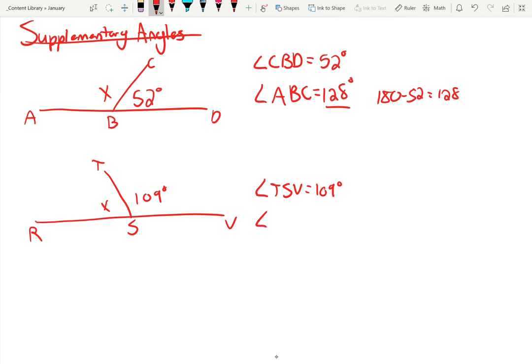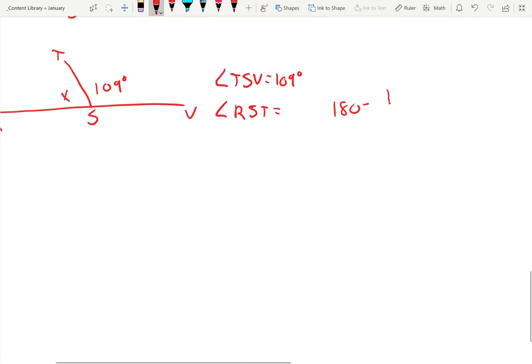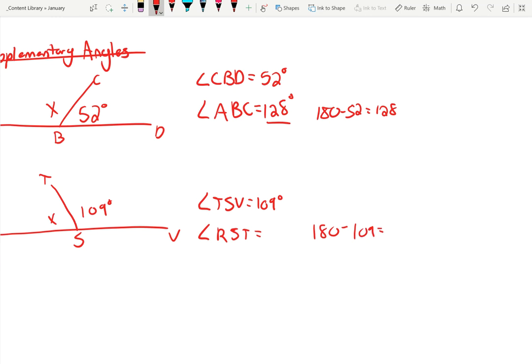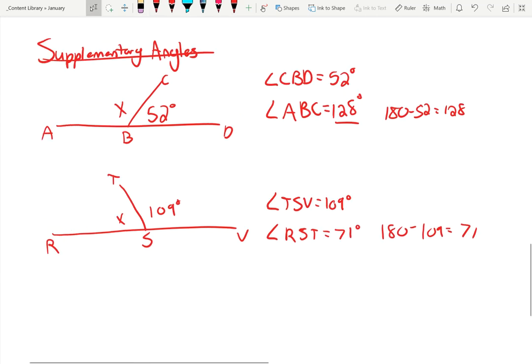Then let's try to find out the angle of RST. Remember, the two angles add up to 180. So if we just take the difference between 180 and 109, 180 minus 109, we get a result. Now this should be 71. So RST is 71 degrees.